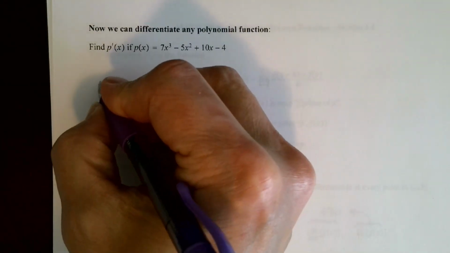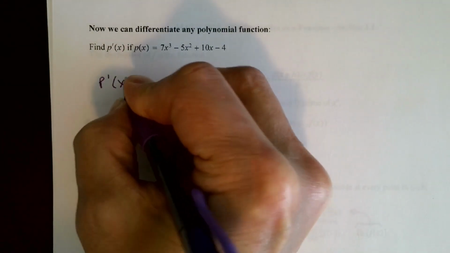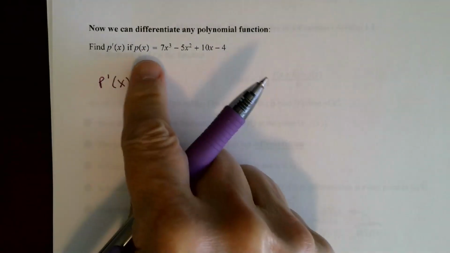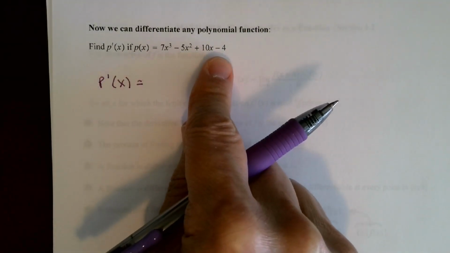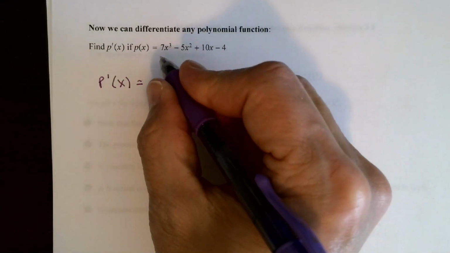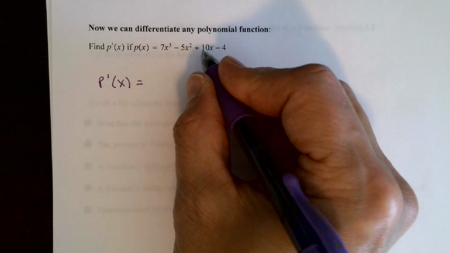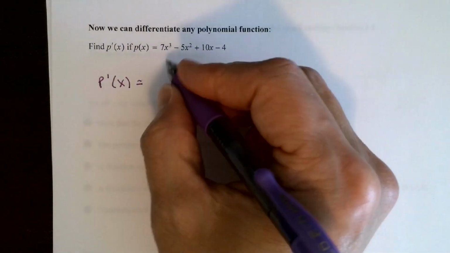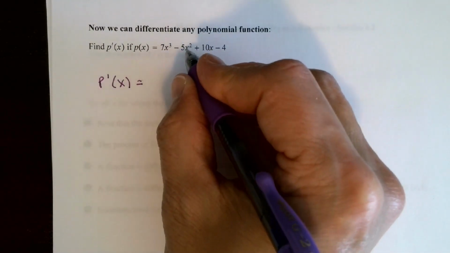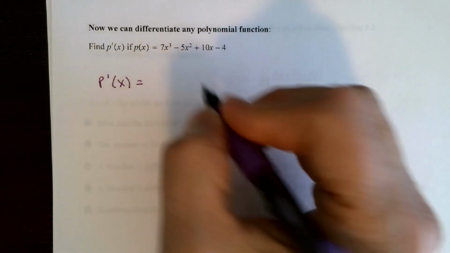So, what is the derivative p prime of x if p of x is this polynomial function? Okay. Well, notice I have the difference of two functions, and then the sum, and then the difference. By the linearity rules, I can just take the derivative of each function and then subtract and add as indicated.